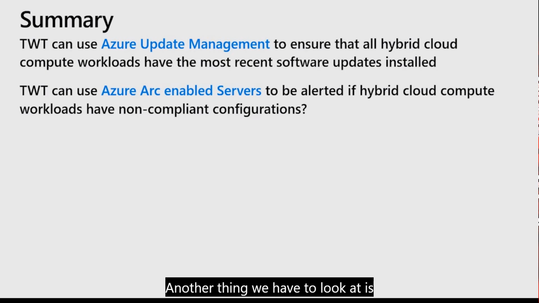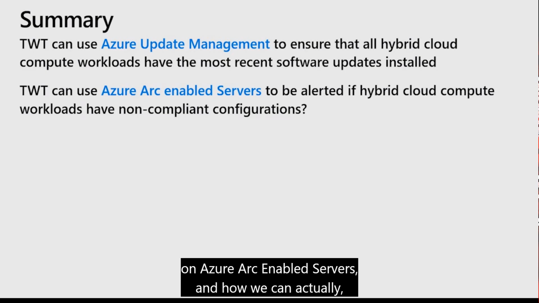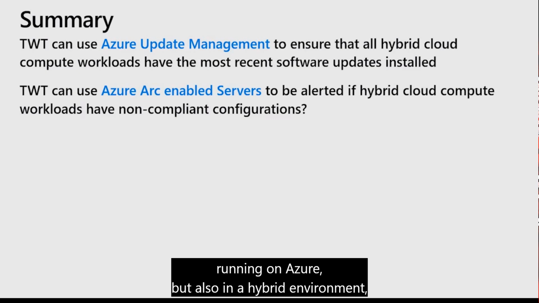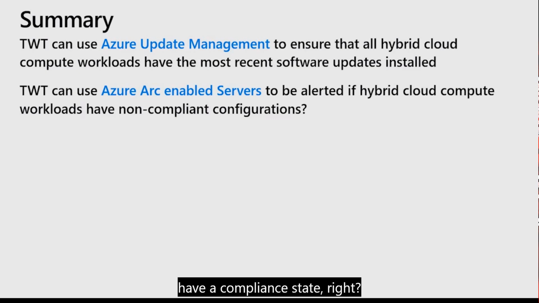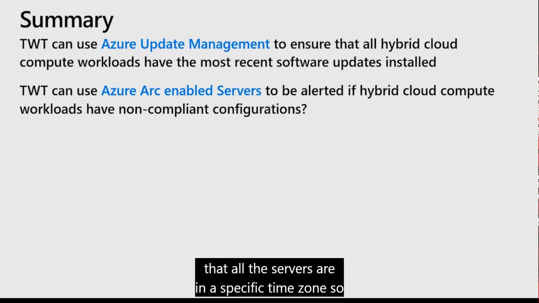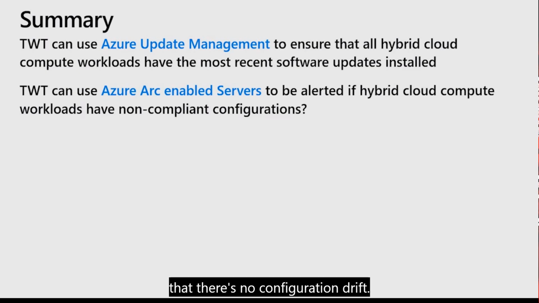Another thing we had a look at is Azure Arc-enabled servers and how we can check that all our servers running on Azure, but also in a hybrid environment on premises, and at other cloud providers, have a compliant state. We checked how, for simple settings, we can make sure that all the servers are in a specific time zone so that there's no configuration drift.